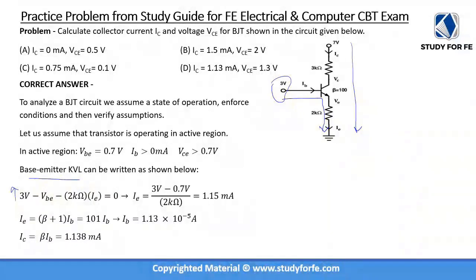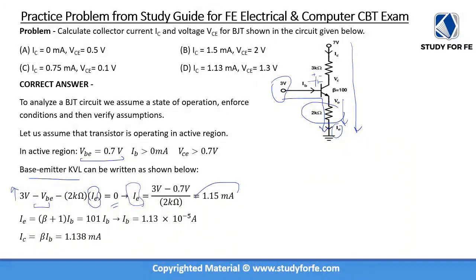Then we have VBE, equal to 0.7 volts, positive to negative, so that is a voltage drop: minus VBE. Then there is a voltage drop across the 2 kilo ohm resistor, but note that it is caused by IE, the emitter current. The sum of all of that is equal to 0.